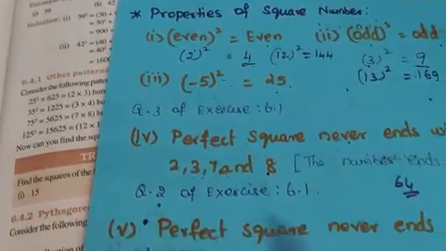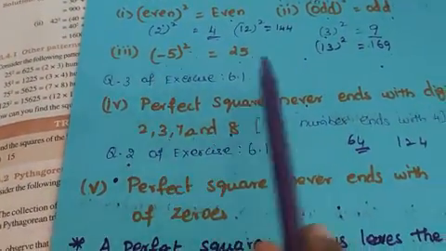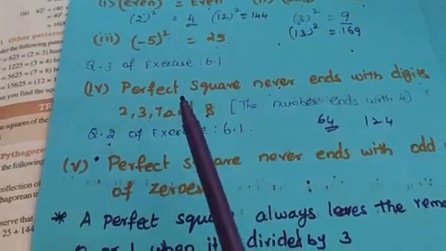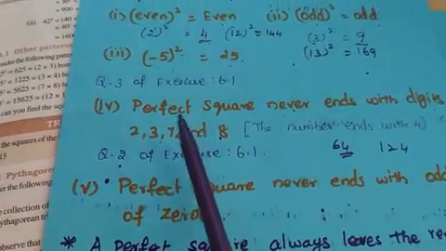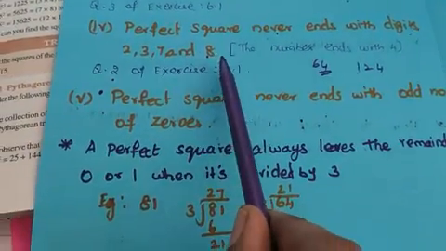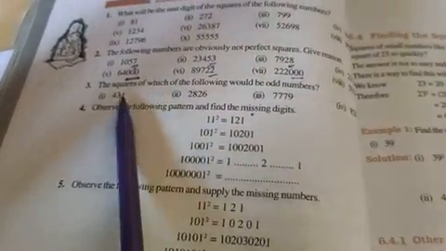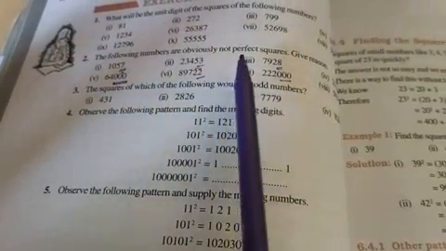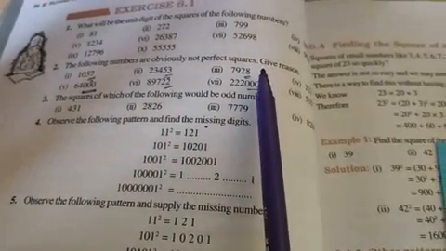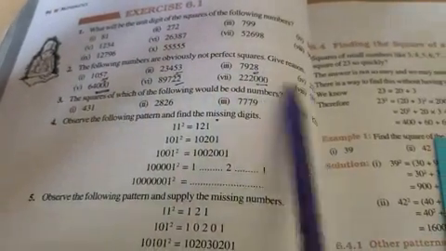With the given properties and using the exercise sums we can solve. See, the first property is that even squares are even, odd means odd, and negative numbers give positive. And a perfect square never ends with the digits 2, 3, 7 and 8. As per that we solve question number 2. The following numbers are obviously not perfect squares. Give the reason. The numbers end with 2, 3, 7, 8.